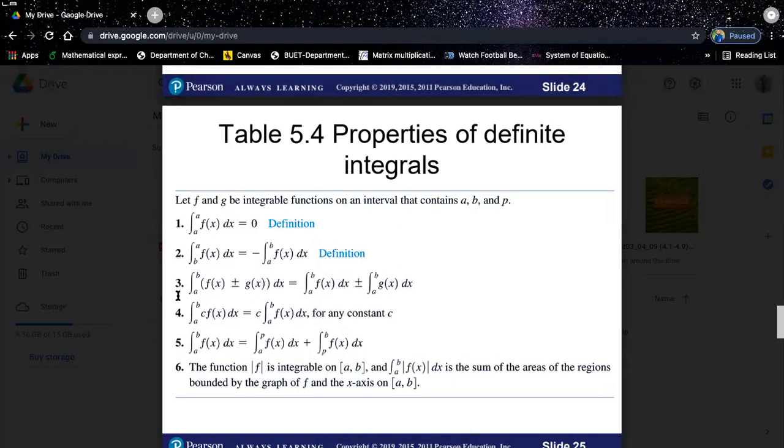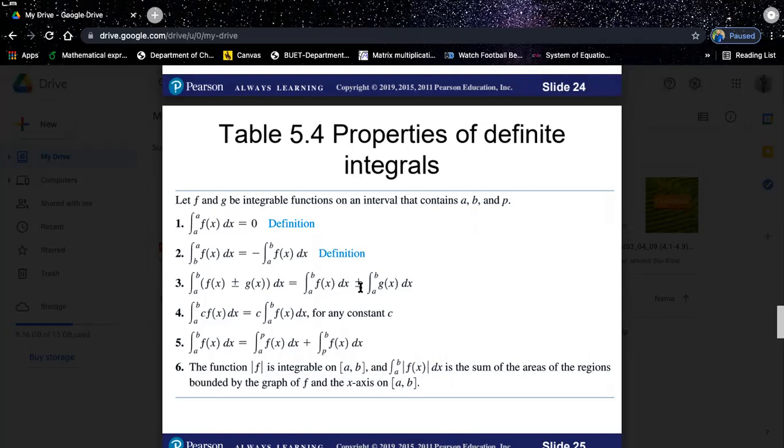That means if you find the definite integral of more than one function, it will give you the same result if you find the definite integral of those functions separately and then put it back into their respective places.